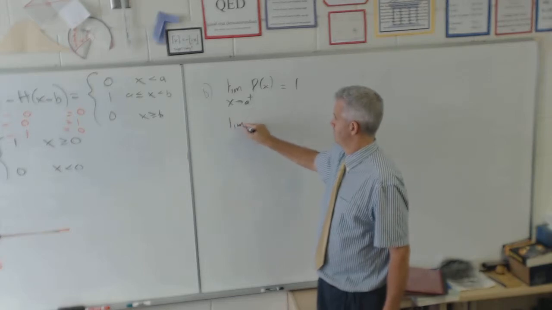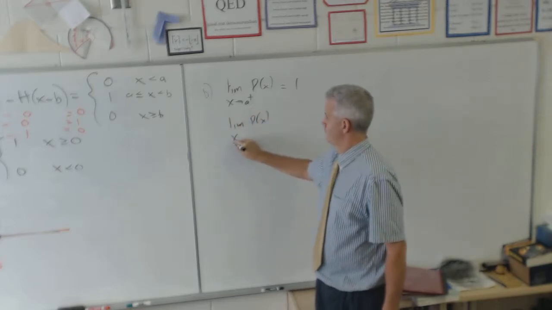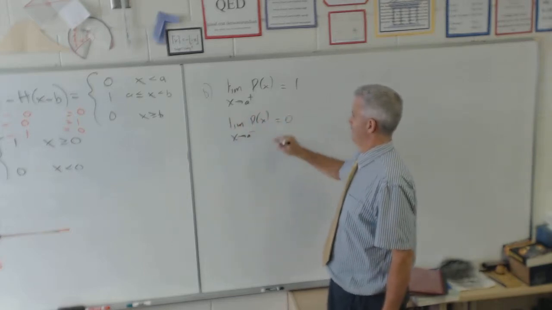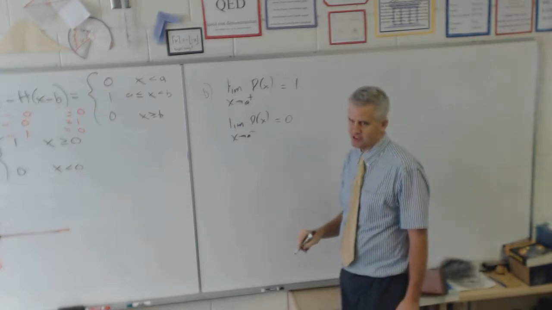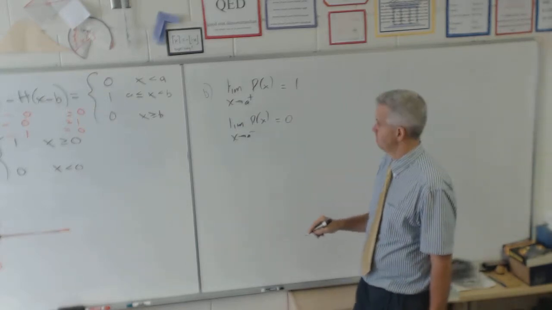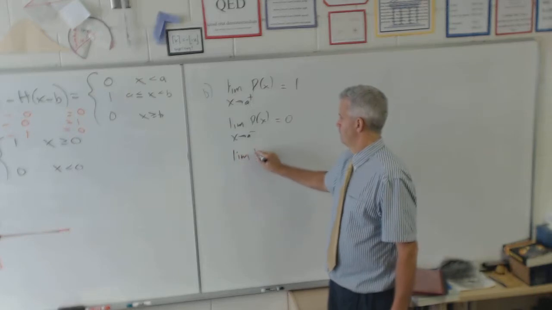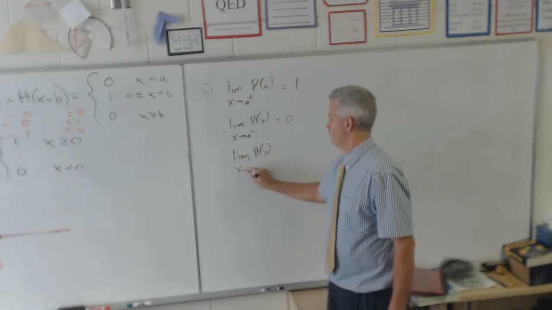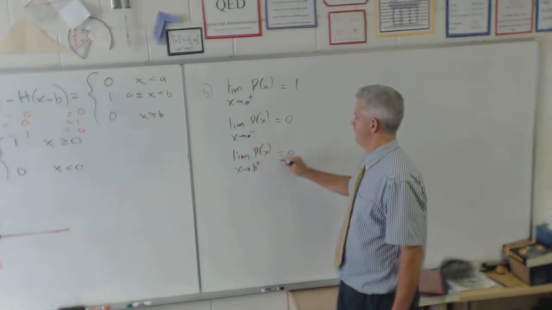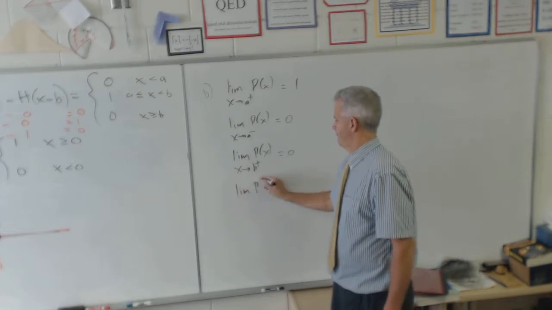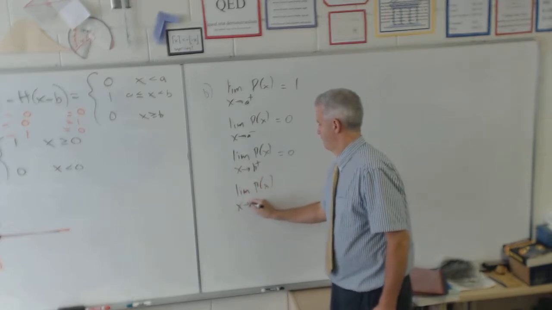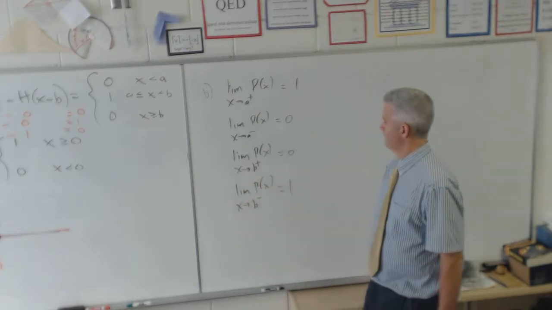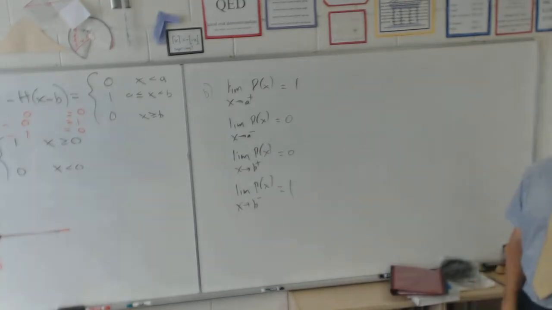Limit of p as x pushes a from the left. 0. Any disagreement? Speak up if you have a disagreement. Keep going. Limit of p as x pushes b from the right. 0. And same thing as x pushes b from the left. 1. Okay, you guys good with that?